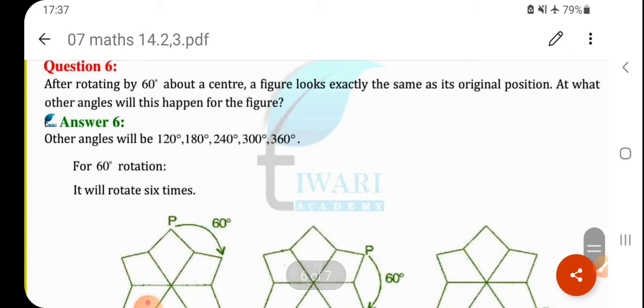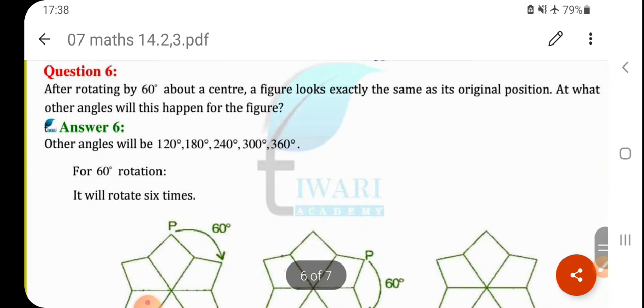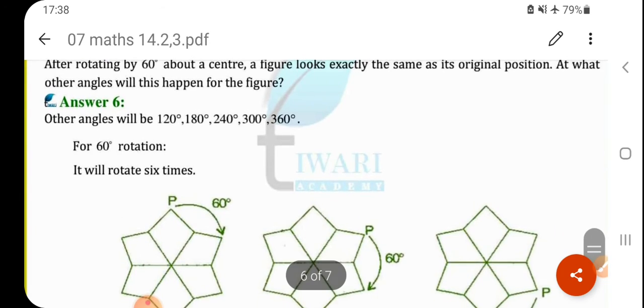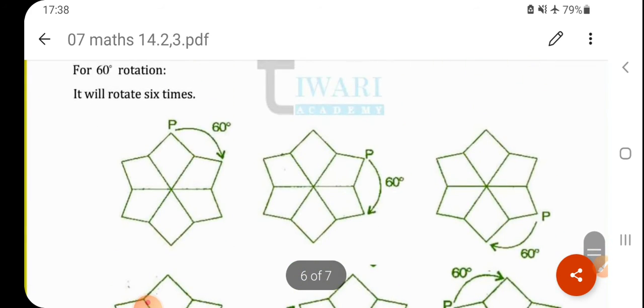Question number 6. After rotating by 60 degrees about a center, a figure looks exactly the same as its original position. At what other angles will this happen for the figure? I think this figure is given in the textbook.